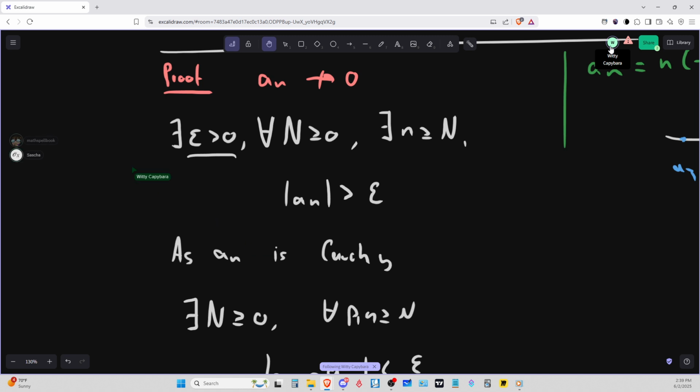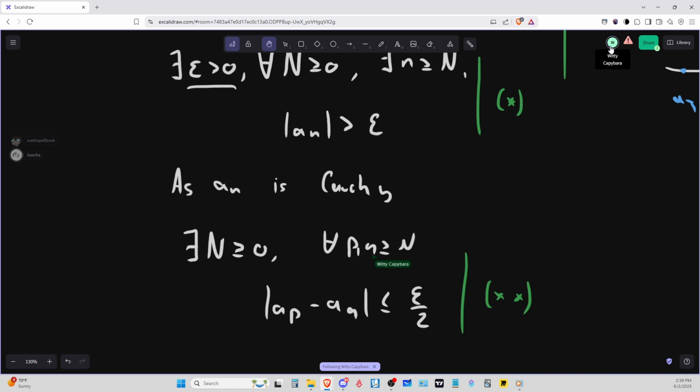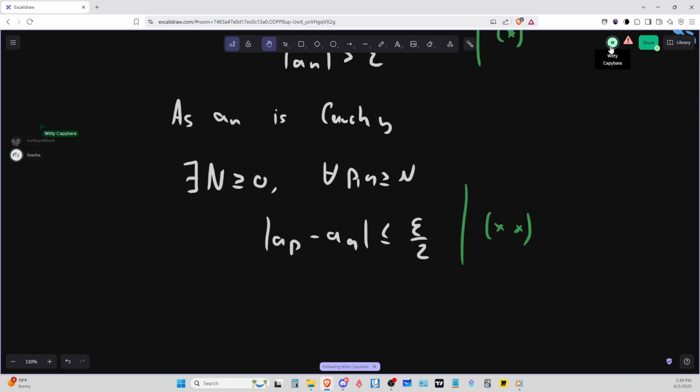So maybe here I will break down some properties. This property I will call star. And this one I will call double star, because I'm very good at naming stuff, I guess. And so what we're going to do is let little n, bigger than big N, be the one that verifies star.